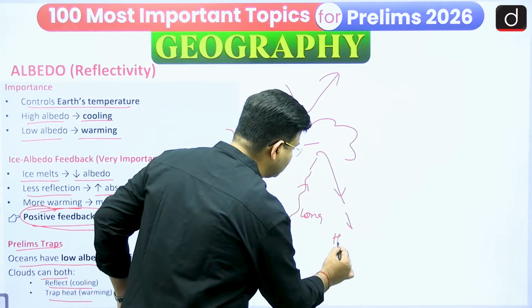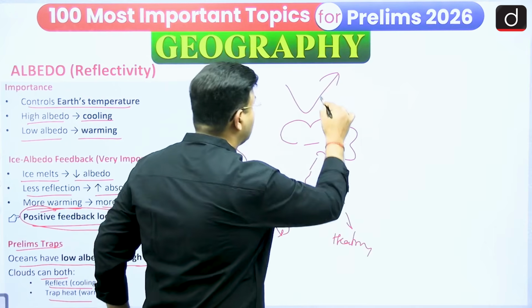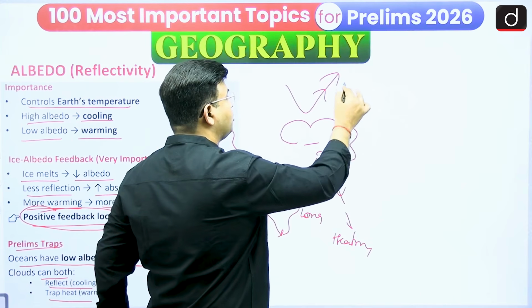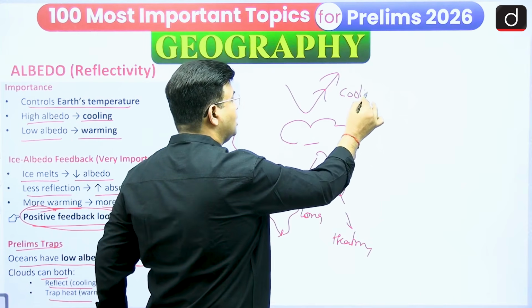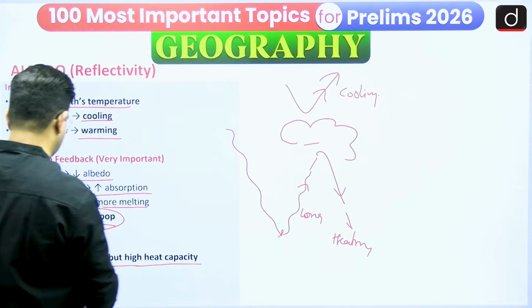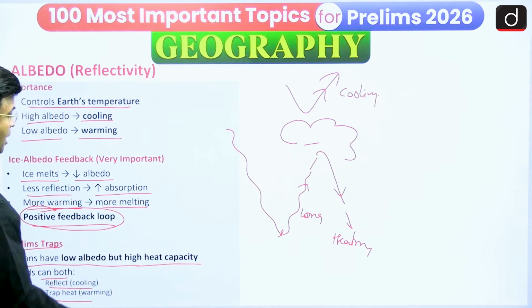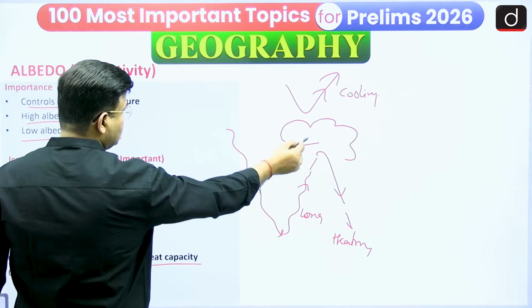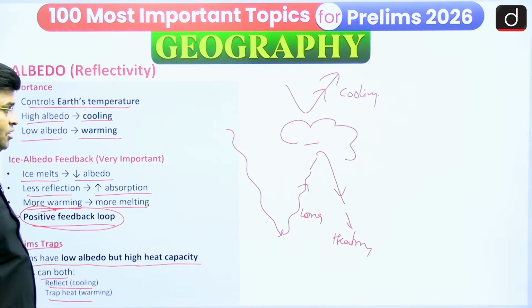Here it is helping heating. And here albedo reflecting from the top is helping cooling. So the cloud reflects, meaning cooling, and traps heat. When the earth's surface releases heat, it helps in heating.